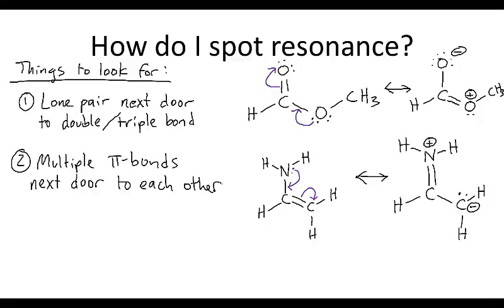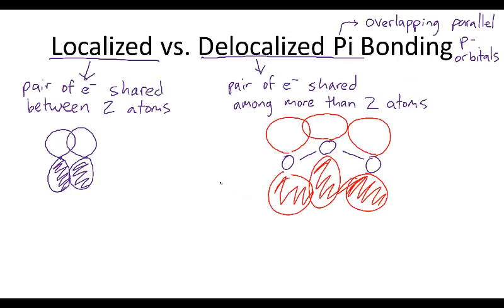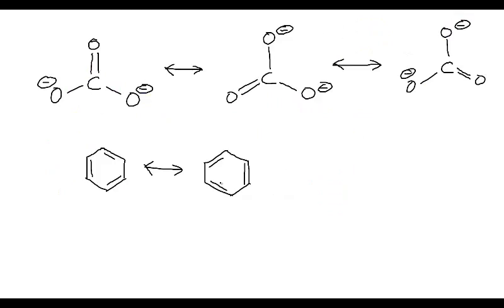So we've already seen one example of that. Looking back, you see an example of multiple pi bonds next door to each other.